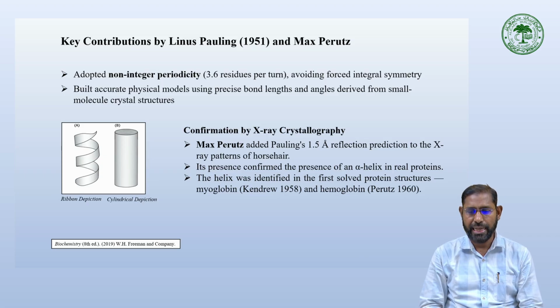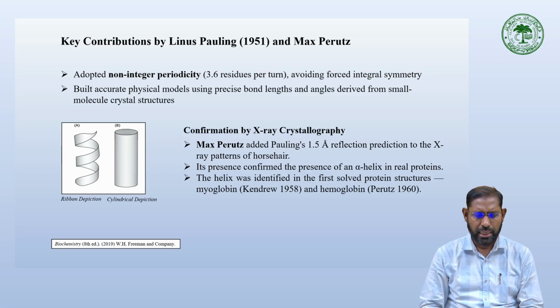They adjusted the exact value, giving 3.6 residues per turn, and avoided any forced integral symmetry. Then they built an accurate physical model, with great accuracy, using precise bond lengths and angles derived from small molecule structures.